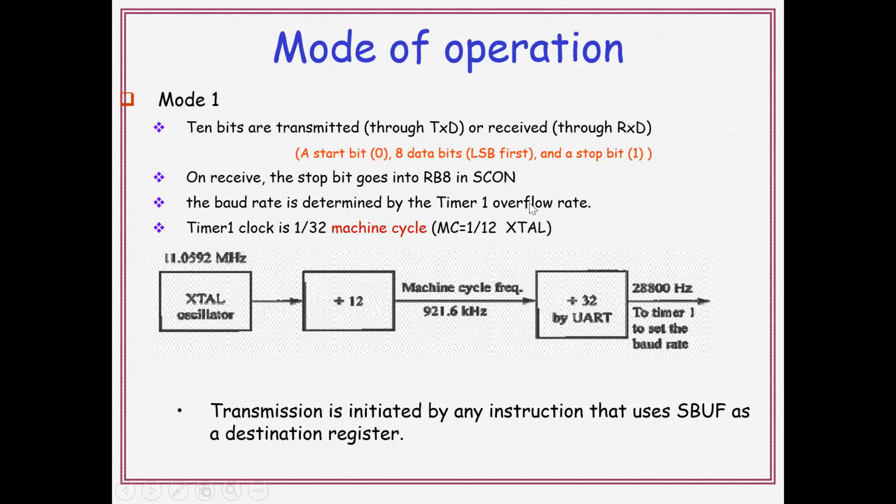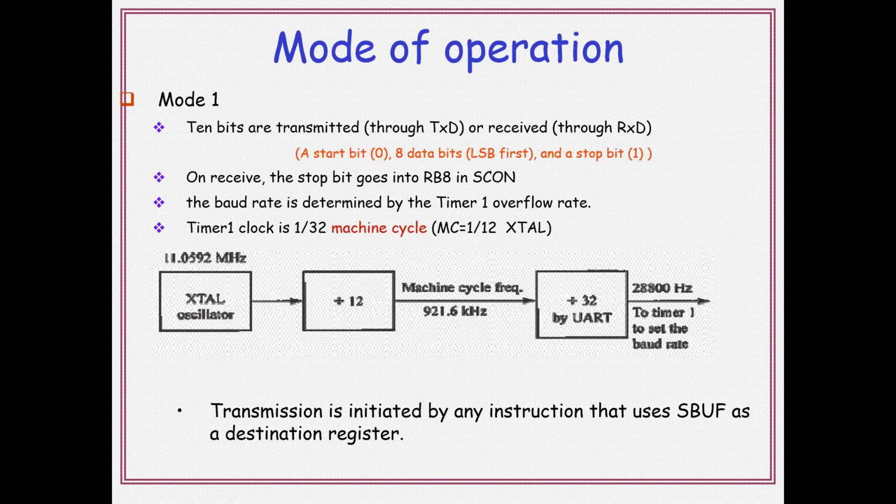So here it depends on the timer 1 overflow flag. Always select mode 2 only, because only that one supports the auto reload function. And the timer 1 clock is 1/32 of the machine cycle. We already discussed that to generate the most suitable baud rate of 9600, we select 11.0592 megahertz.